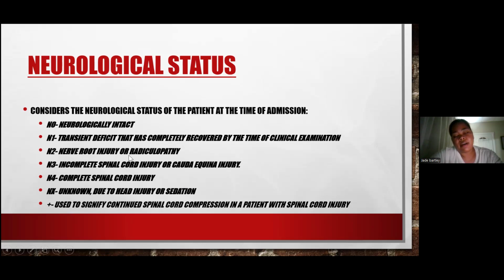N2 speaks to a nerve root injury or radiculopathy. N3 speaks to incomplete spinal cord injury or cauda equina. N4 speaks to a complete spinal cord injury. And then NX is usually for a patient that you can't really determine the neurological status, whether the patient has a concomitant head injury or sedation.